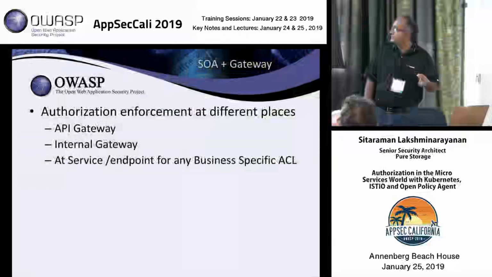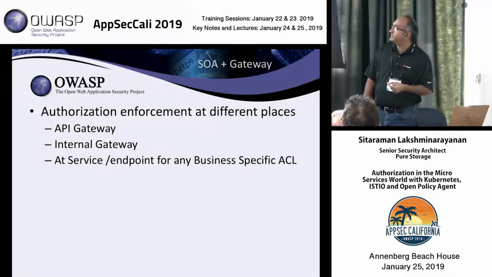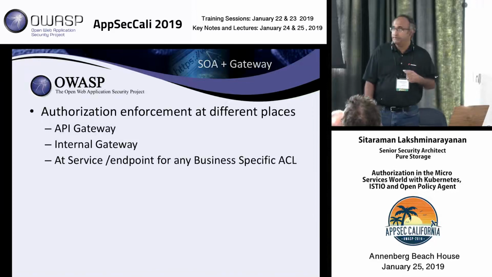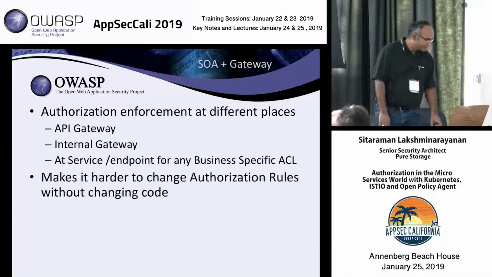So the gateway has some authorization policy on the external side that is customer-facing or web application-facing, and the internal gateway has some additional trust built in, so you can let certain APIs pass without additional checks. And then within each API endpoint, you will have your business logic-specific, domain-specific authorization rules.